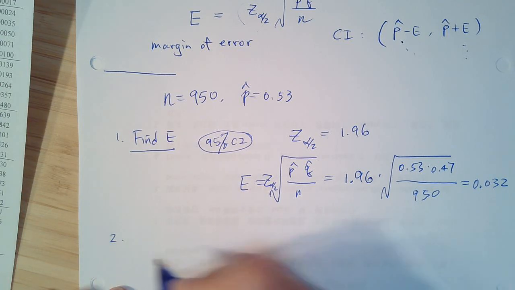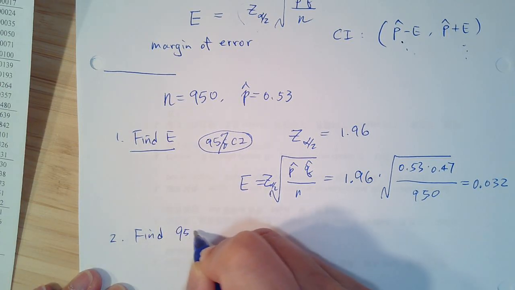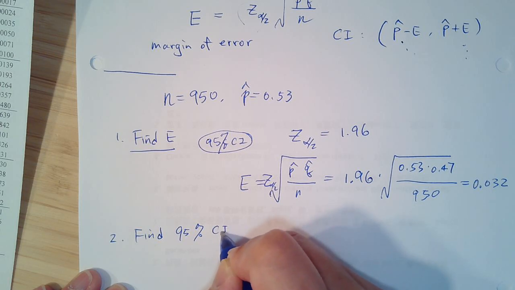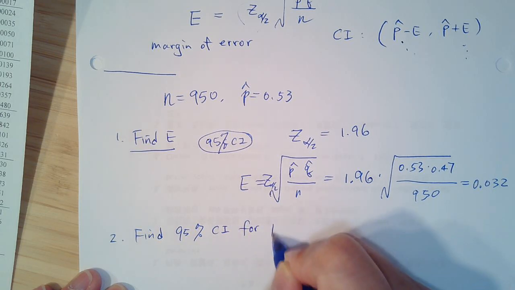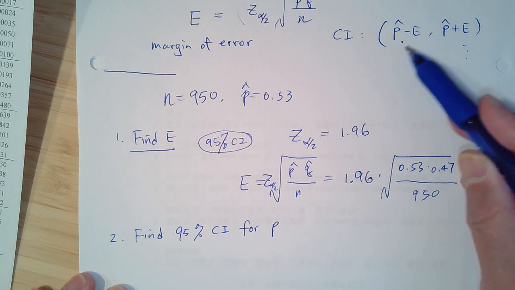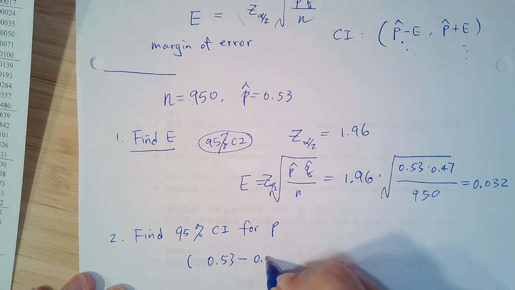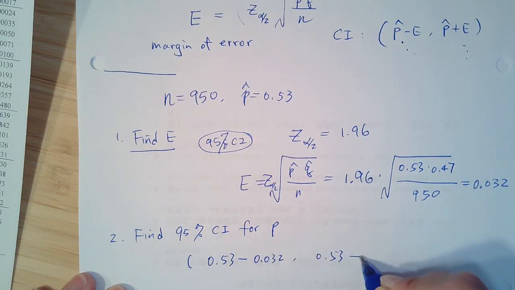And number B, to find the 95% confidence interval for P. Do you remember, it's just this one? It's just P hat minus E and P hat plus E. So P hat is 0.53 minus 0.032 and 0.53 plus 0.032.